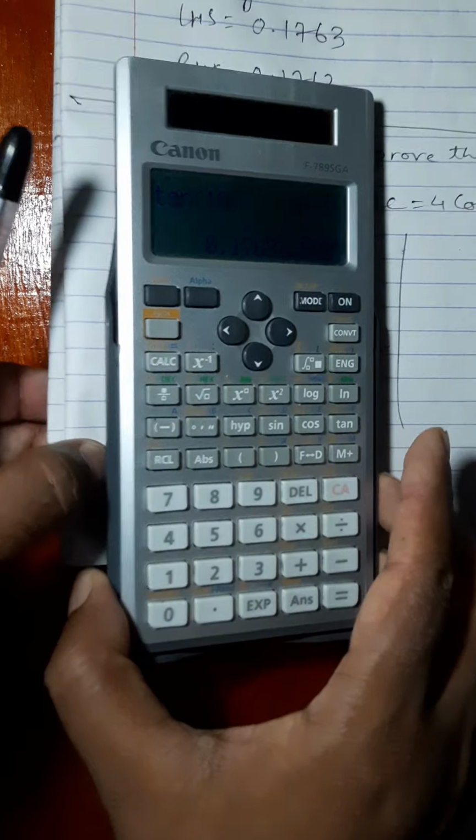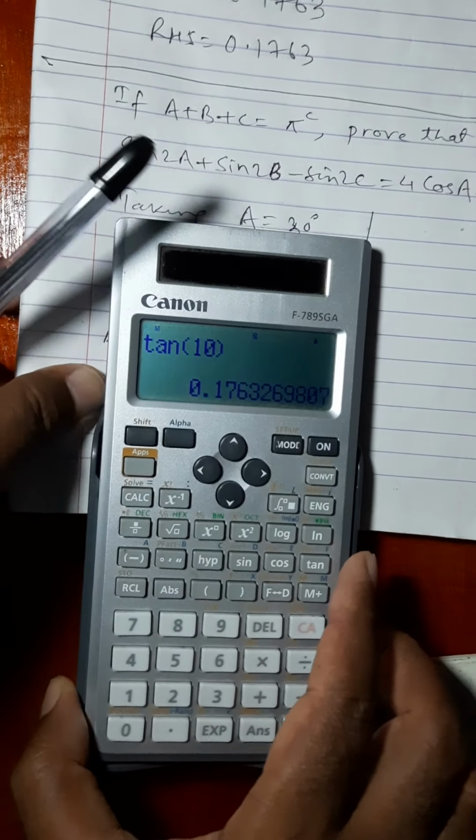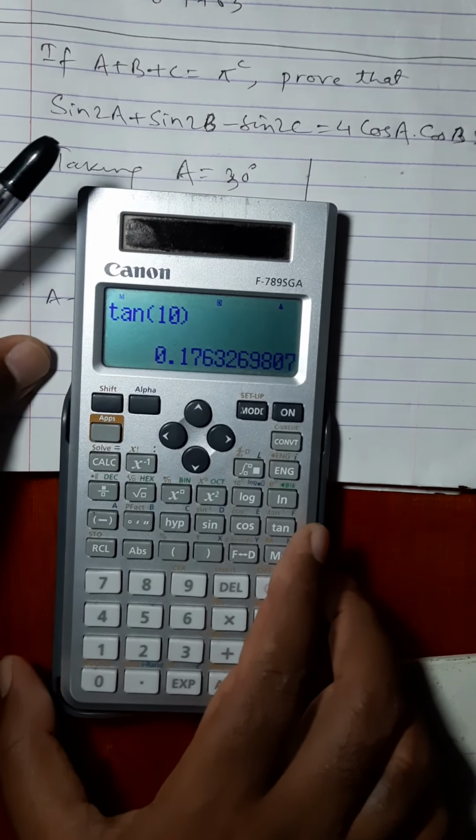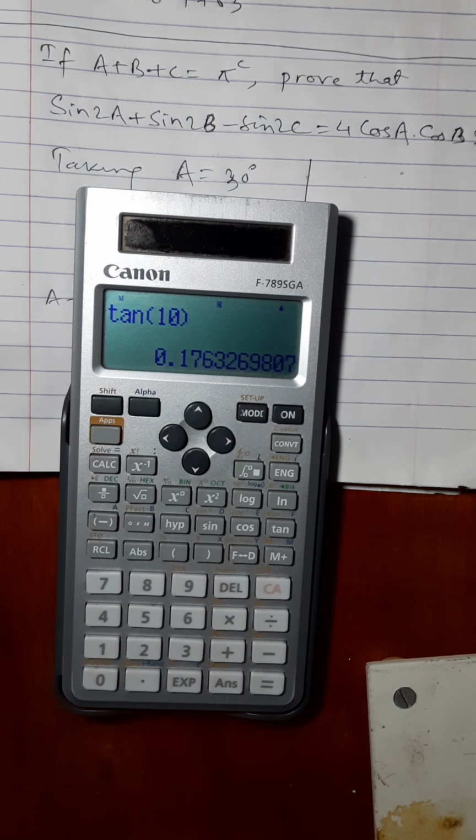So now I will show you one conditional trigonometrical identity. Conditional trigonometrical identities means there is some condition, and we have to take angles satisfying the given condition. Here the given condition is A plus B plus C equals pi radian. Pi radian means it is 180 degrees. We have to choose the values of angles A, B and C in such a way that their sum equals 180 degrees.